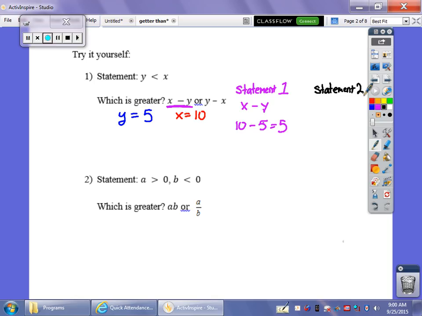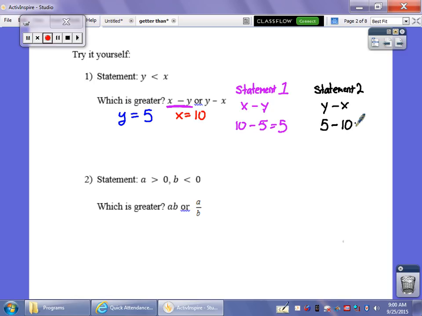Statement 2 says y minus x. Now I put in y minus x, and I plug my values in, so this is going to be 5 minus 10. And 5 minus 10 will equal negative 5. So which one's greater, statement 1 or statement 2?